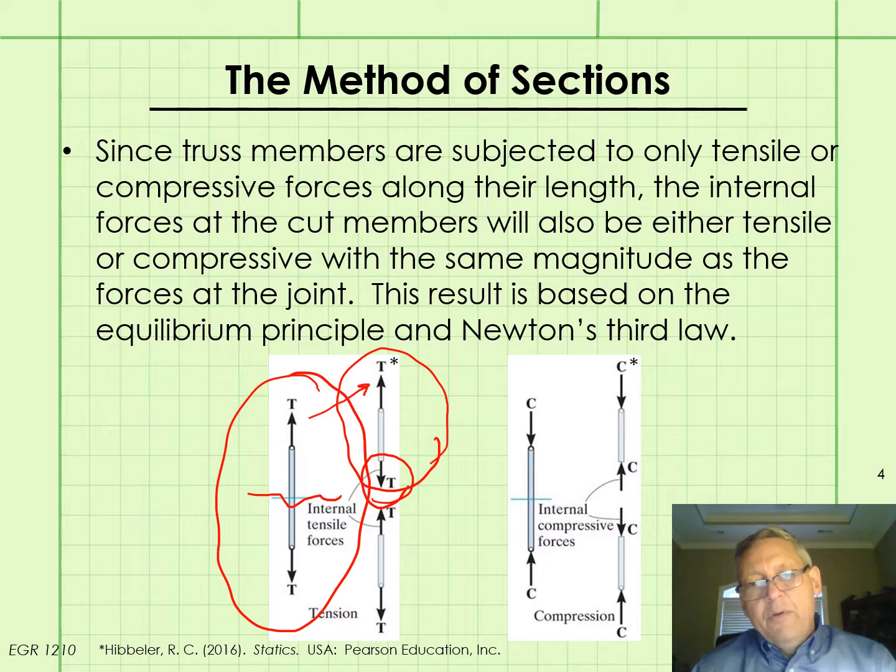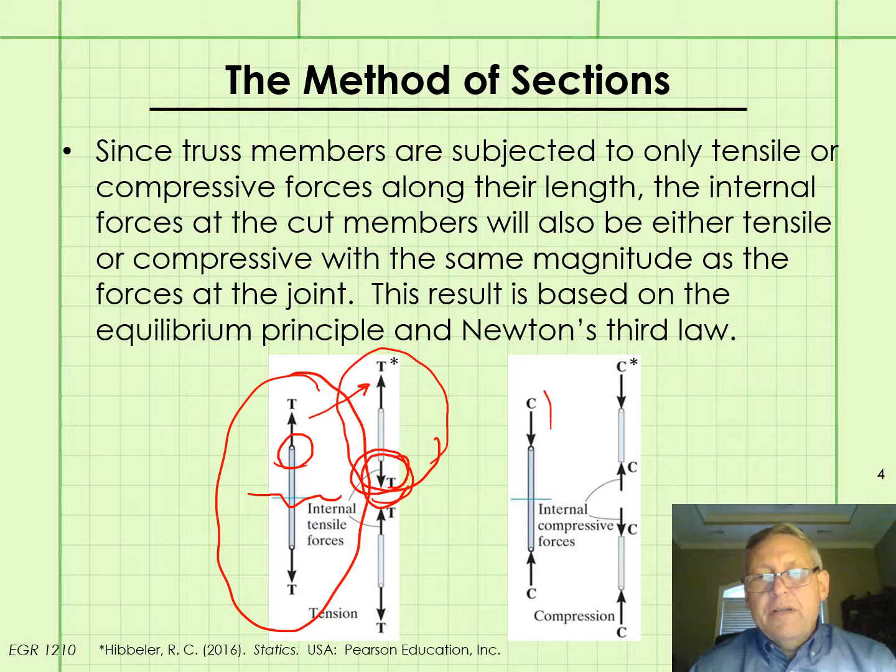And if we had removed this member from a pin, where this would be a joint, we would show that same force T in that same direction on that pin in that joint free body diagram.